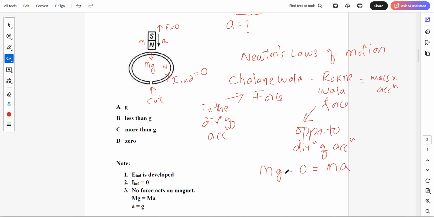So mg is equal to ma. Here m gets cancelled, so g will be equal to a, or a is equal to g.